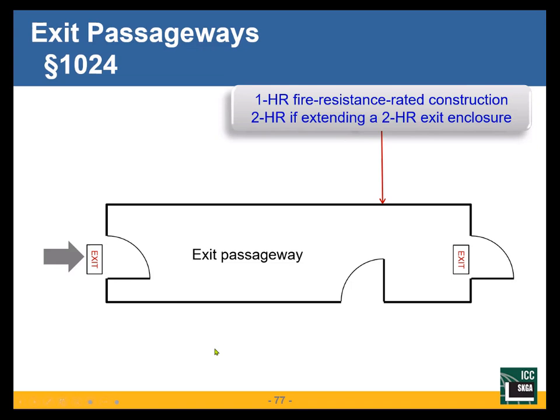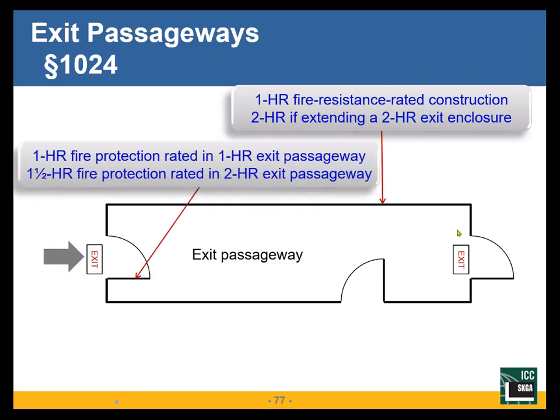If I'm connecting this end, and there's a stairway that comes down from the 7th floor, and it's in a 2 hour shaft, and this is getting you from the stairway to the exterior wall of the building, this passageway is then a 2 hour construction also. With my 1 hour construction, I need a 1 hour wall or 1 hour door.